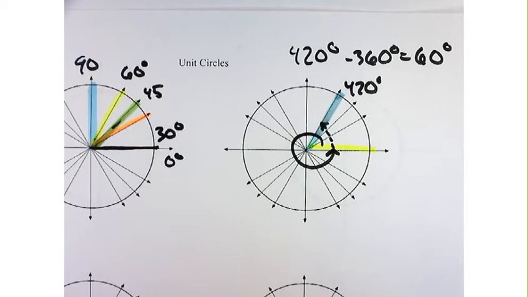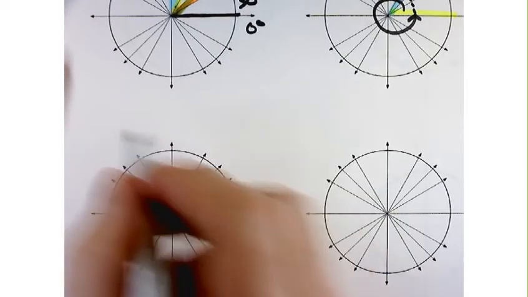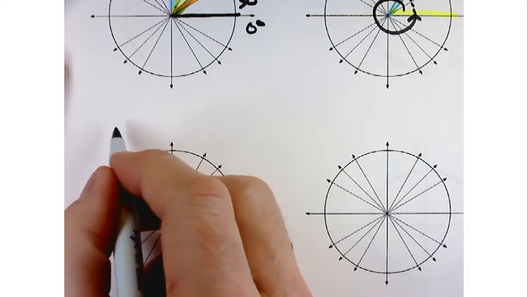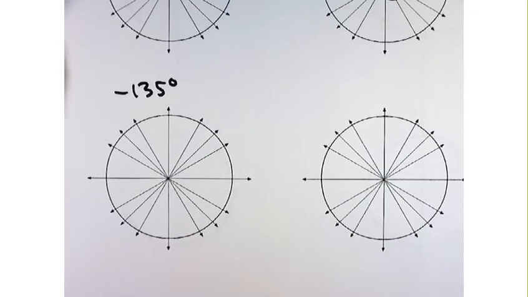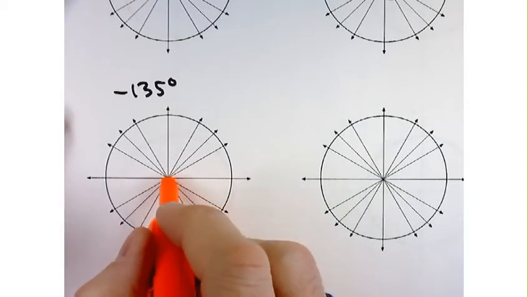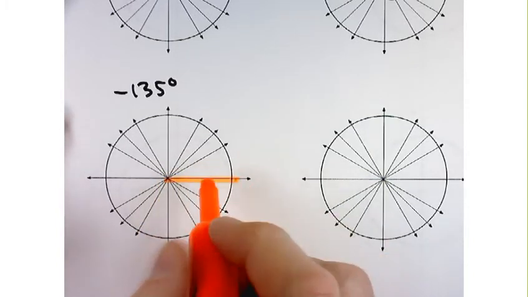What else could I look at? Well, good question. What do you think I would do if I had a negative 135 degree angle? How should I draw that? Yeah, you go the other way. So you're going to go clockwise instead of counterclockwise.